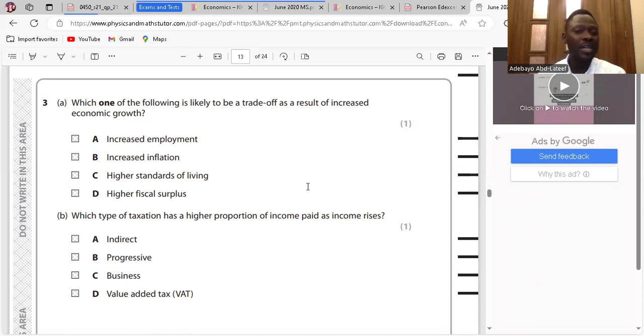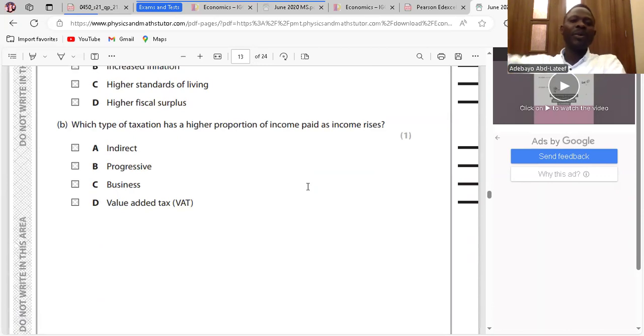So the only trade-off here is inflation, which will increase, because all of A, B, and C with economic growth will bring about inflation. So if you want to reduce inflation, you have to reduce all that has been said. Is it clear? And you know what trade-off means? It means in the course of increasing one, you have to reduce the other. Clear?